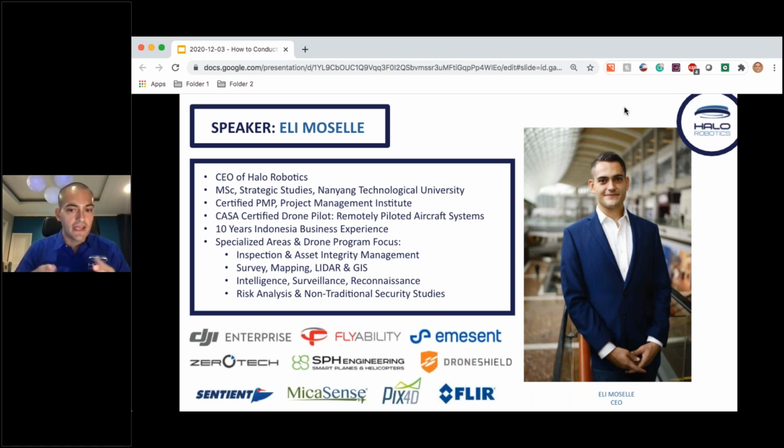That includes surveying and mapping, and now LiDAR more and more, as well as intelligence, surveillance, reconnaissance, public safety or emergency response, and also working directly with companies in terms of understanding how the drone works in the broader ecosystem of other tools and digital transformation objectives that they have. Yeah, we can move to the next slide.